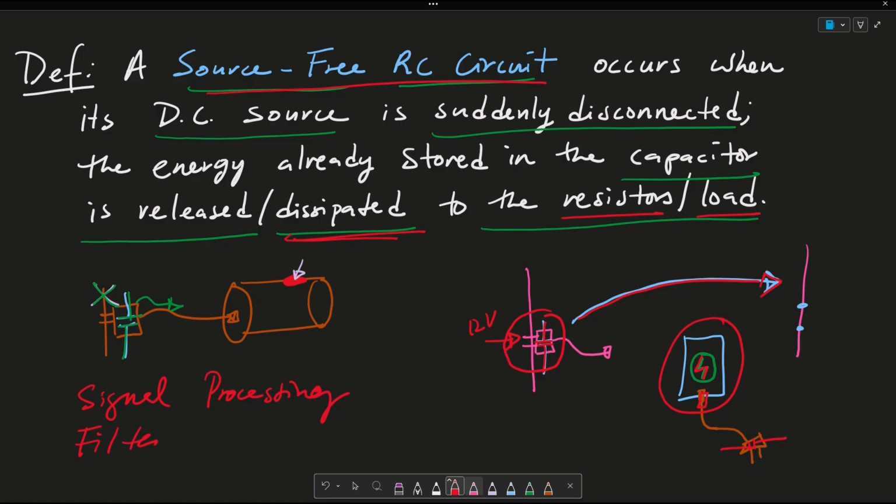In your hardware, if you wanted to create things like a low pass filter, or use decoupling capacitors, you need to understand the idea of a source-free RC circuit before we can build on to more complex circuits with capacitors in them. So I hope this motivates you to understand why we need to study the source-free RC circuit. And now I'm going to dive into some mathematical formulations of this circuit.